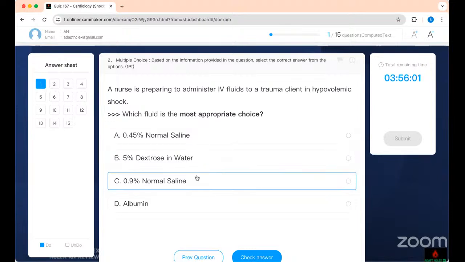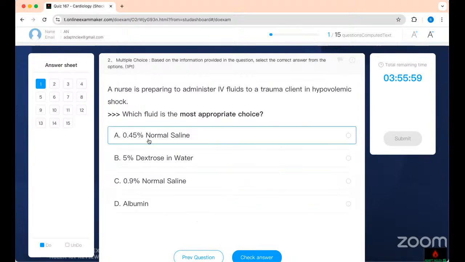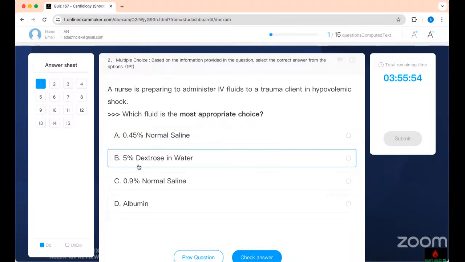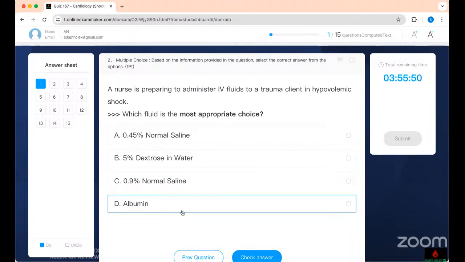Which of these fluids is consistent with the plasma? 0.9% normal saline, 0.45% half normal saline, D5W, and albumin. Albumin is going to pull water, but it's not consistent with the plasma. So don't pick it. We don't use it as a resuscitative fluid.